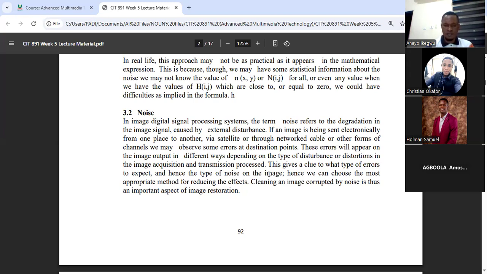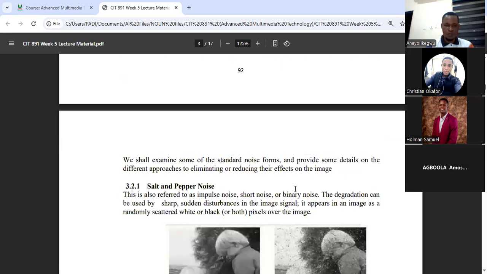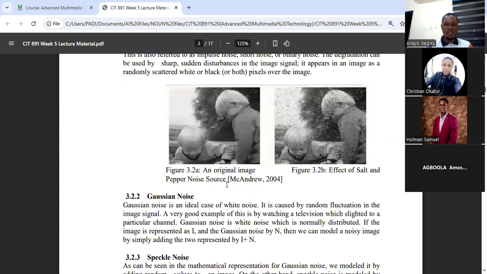Just like the image, if you see figure 3.2a, the original image, the source is Mark Andre 2004. Then compare it with figure 3.2b, the effect of salt and pepper noise. This was the original image.